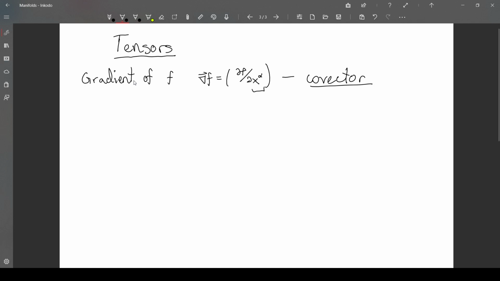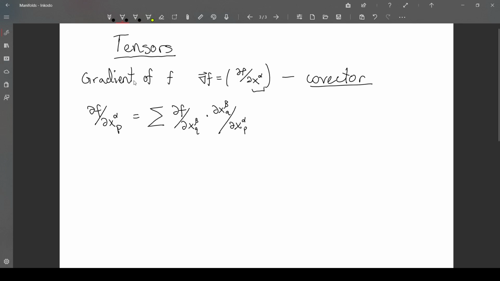If we look at the partial derivative with respect to x on a chart U_P, what is this in terms of the coordinates on U_Q? Well, we essentially just use the chain rule, and we end up with this.